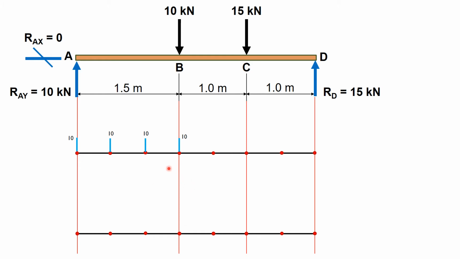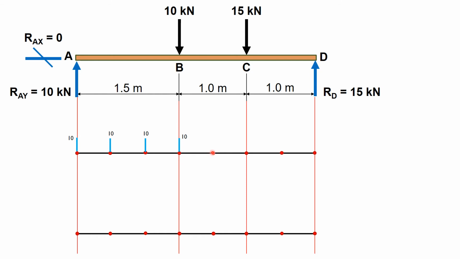So to continue, you plot now the shear values for BC, for segment BC. But according to our values or equations, 0 lahat yan. And of course, you will not plot anything here. So when x equals 1.5, shear value is 0.